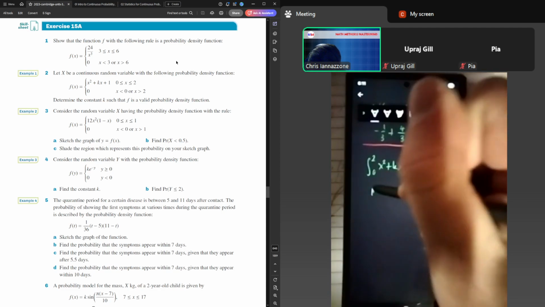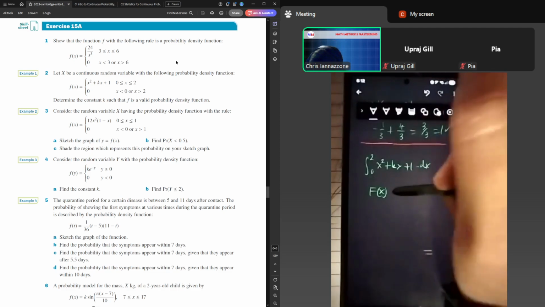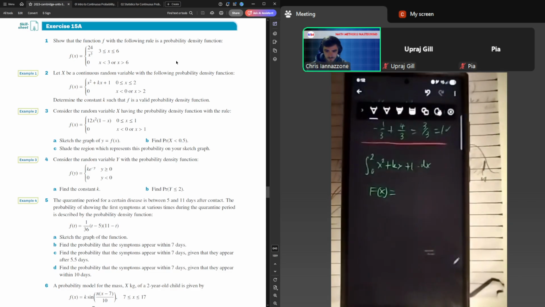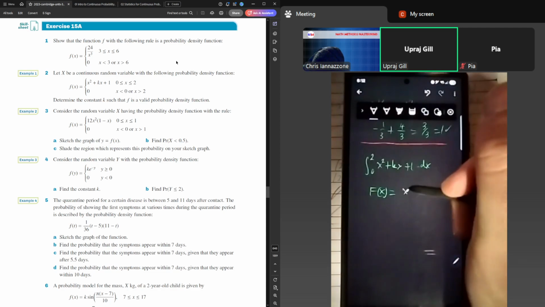So, got to get our capital F of x. What's that going to look like? Chris, is it x to the power 3 plus kx squared plus x?